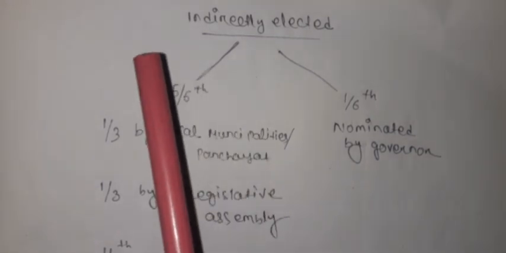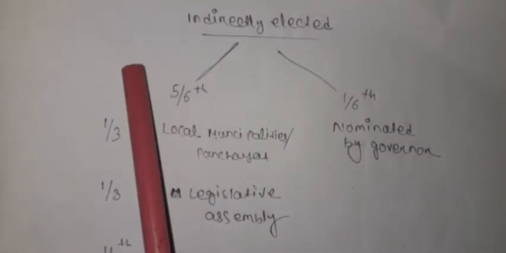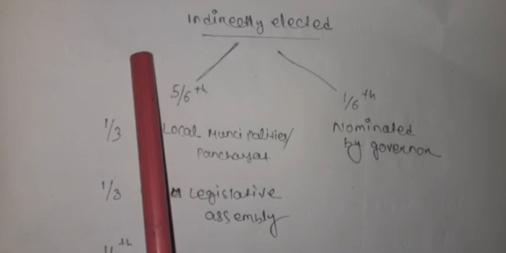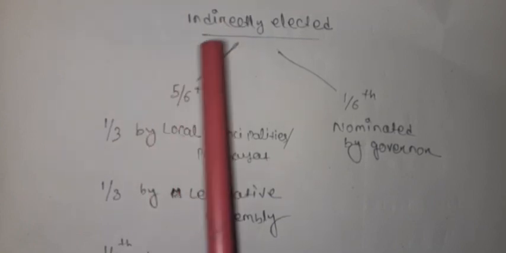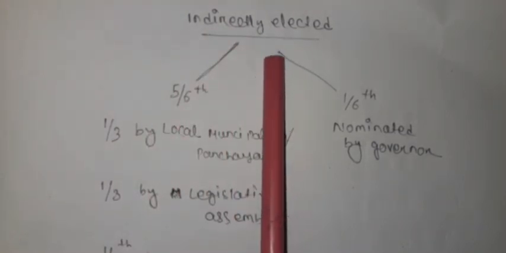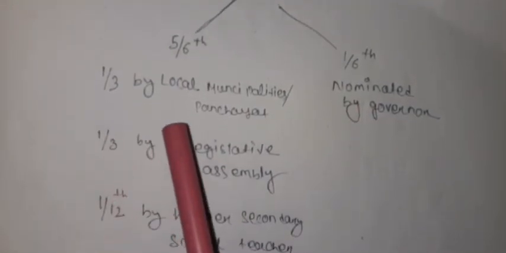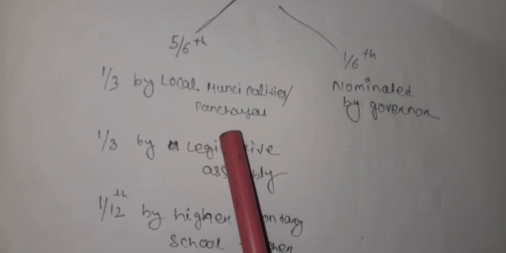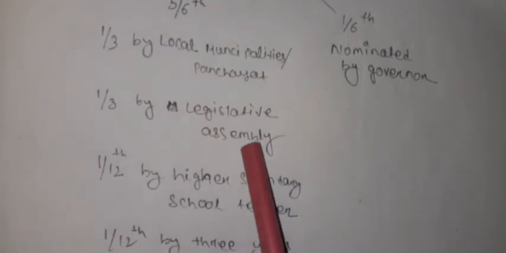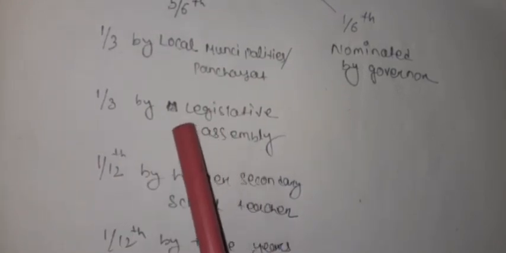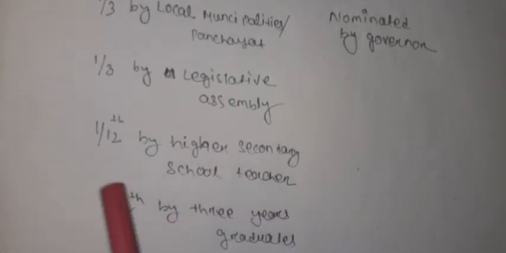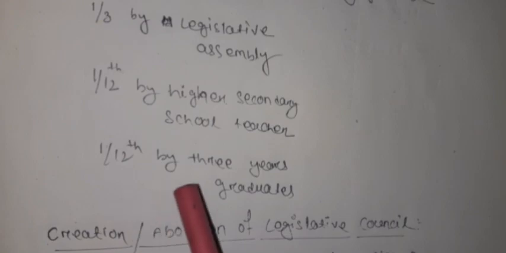The members of the LC, Legislative Council, are elected not by people but indirectly. By whom? 1/6 by the governor, 1/3 by municipalities or panchayats, and 1/3 by the legislative assembly, meaning members of legislative assembly, and 1/12 by higher secondary school teachers, and 1/12 by 3-year graduates.